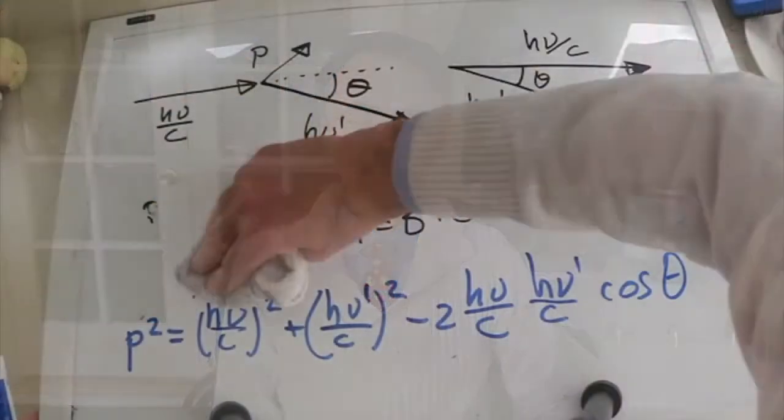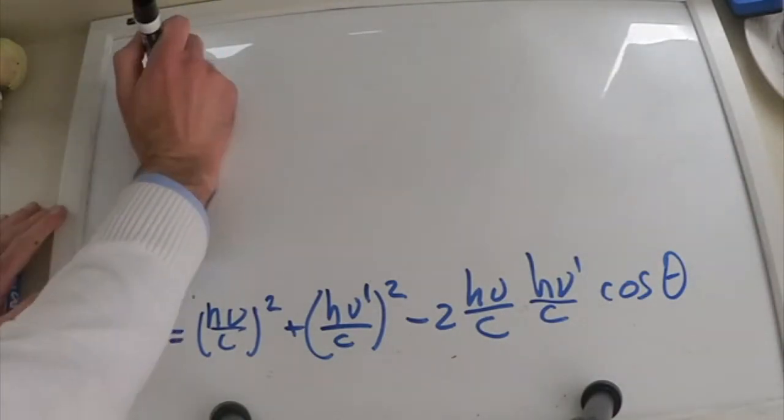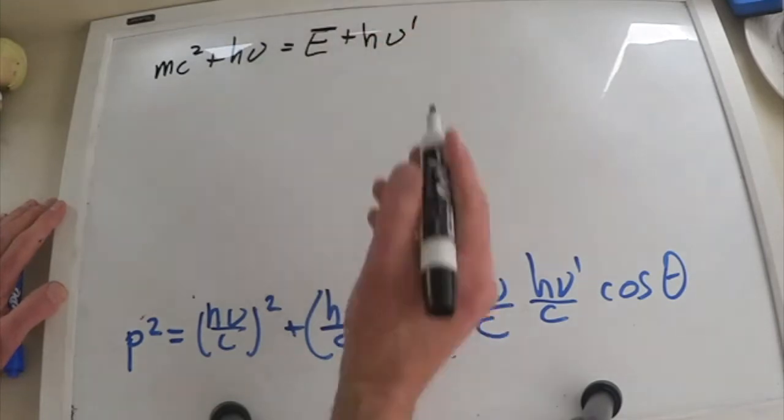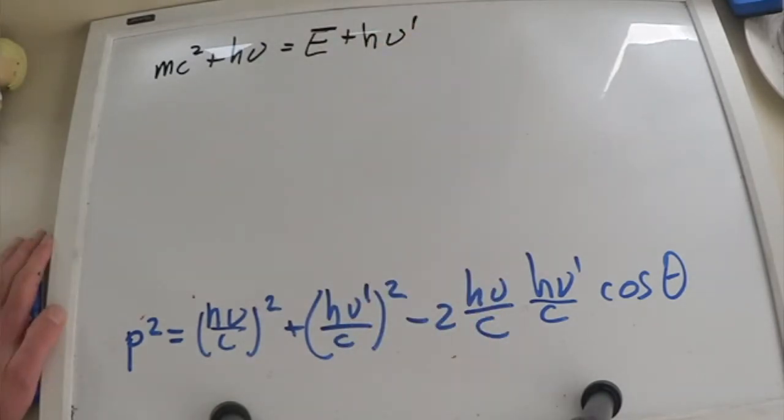Now, let's apply conservation of energy, where initially we have the electron at rest, which I will square both sides and rearrange.